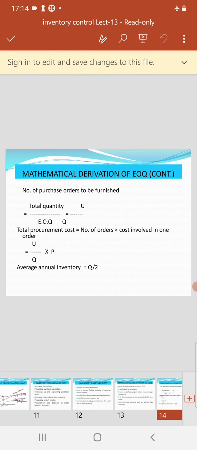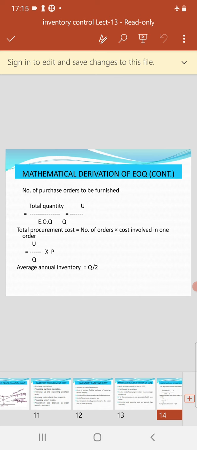So next, our total number of purchase orders per year is equal to total quantity required per year divided by economic order quantity, that is U by Q. So from this U by Q we can calculate the number of orders, and P is the cost involved in one order. So what is the total procurement cost? That is U by Q into P, that is number of orders into cost per order.